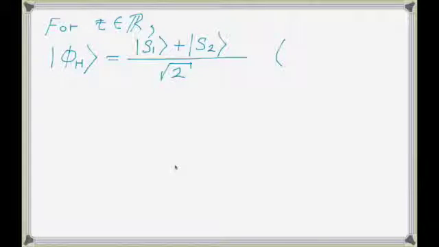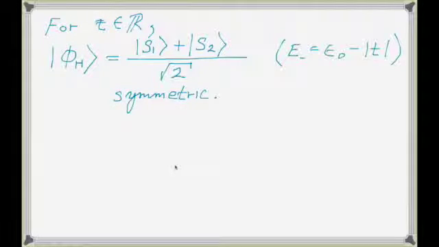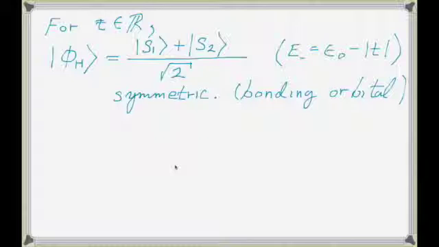So this is the bonding orbital for the lower energy, for E minus equal to epsilon 0 minus t. And if you notice, it's symmetric. It is what you were calling the binding. I usually call it the bonding orbital. And this also would be the ground state.